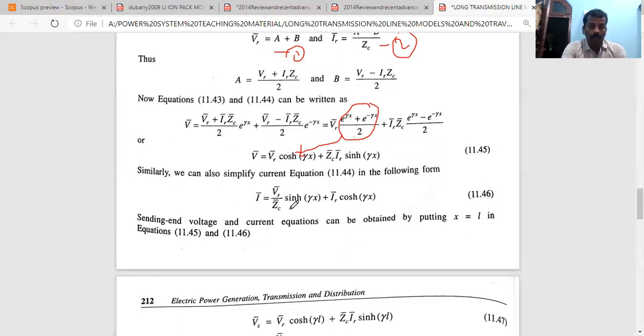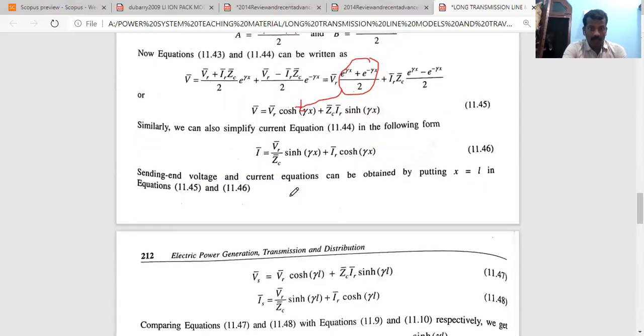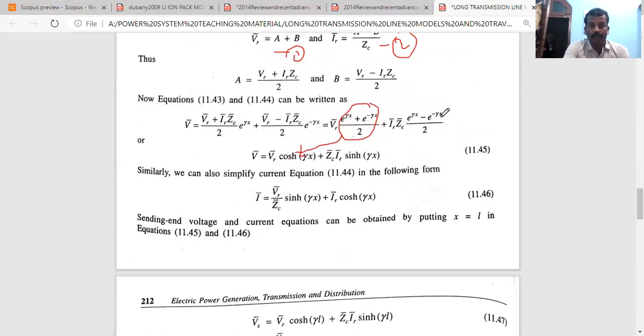Now I will be equal to, similarly, IR cos hyperbolic gamma x plus VR by ZC sin hyperbolic gamma x. Where there is a minus, it will become sine.